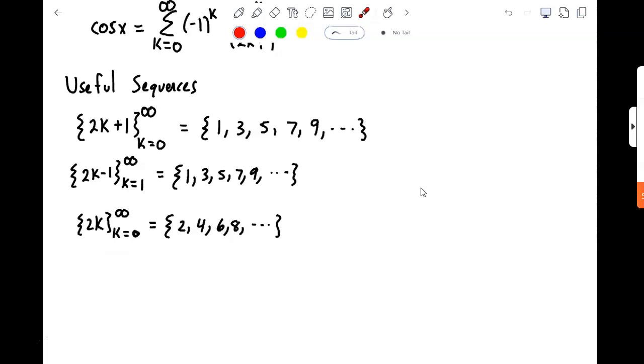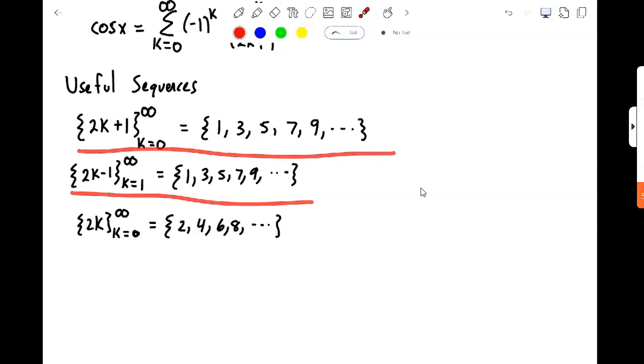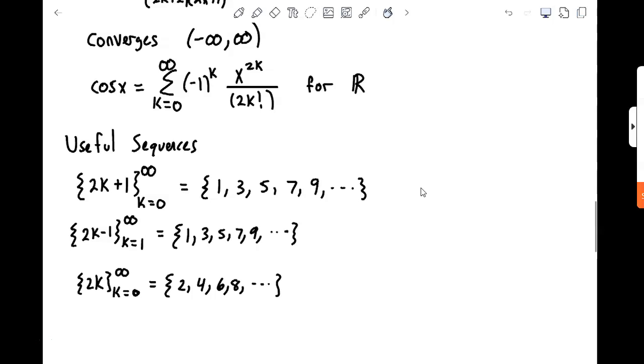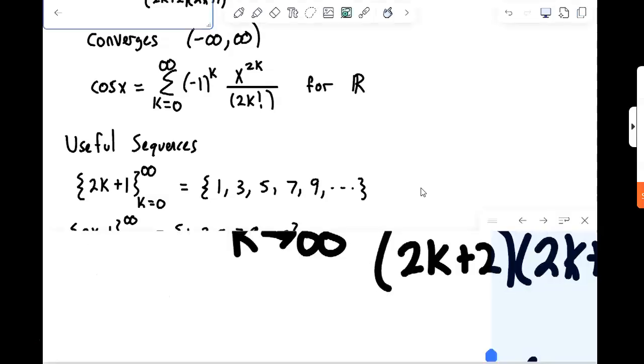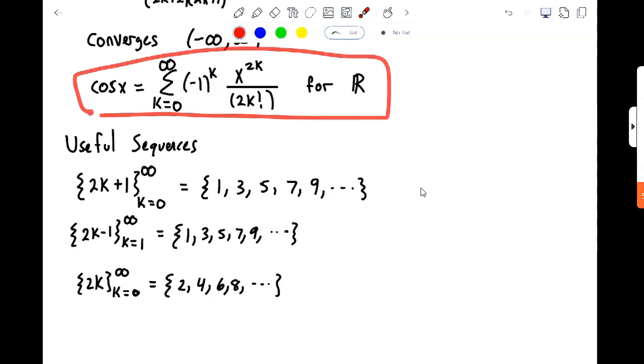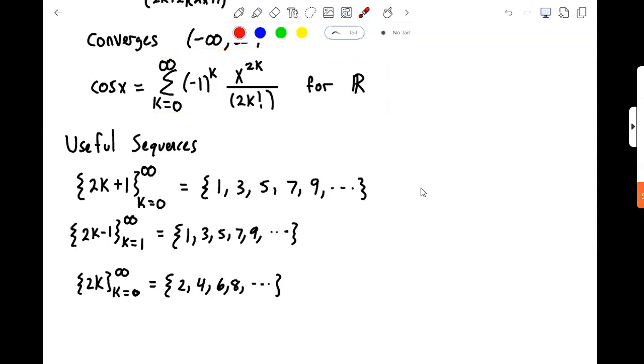Okay, so we'll see these things coming up, and we've got to keep our eyes open for them, because these patterns and how we represent them are going to be important as we're looking at further series. So on the last example, we found the Taylor series for the cosine centered at 0, and we saw that it converged for all real numbers.